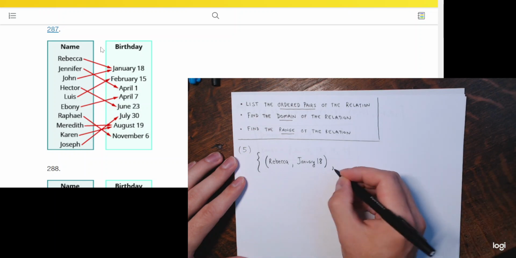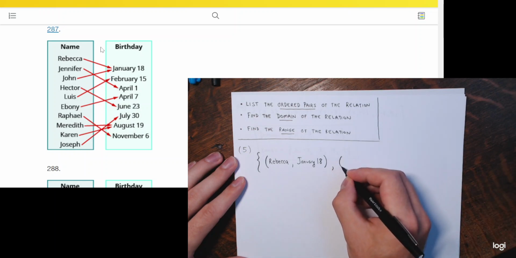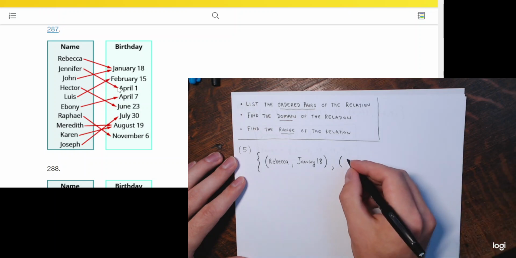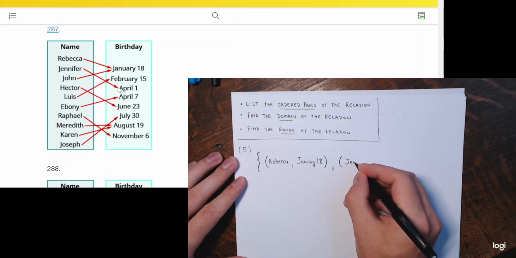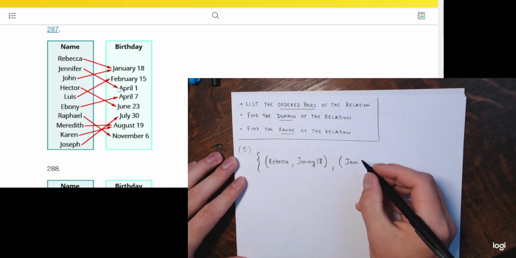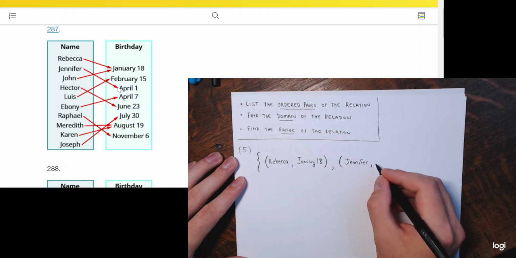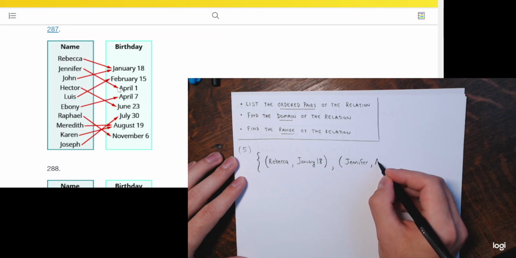Comma. Next ordered pair, next relationship I'm seeing, Jennifer to April 1st. All right, so I write Jennifer for the first value, the x coordinate, the first coordinate, comma, and Jennifer's birthday seems to be April 1st.